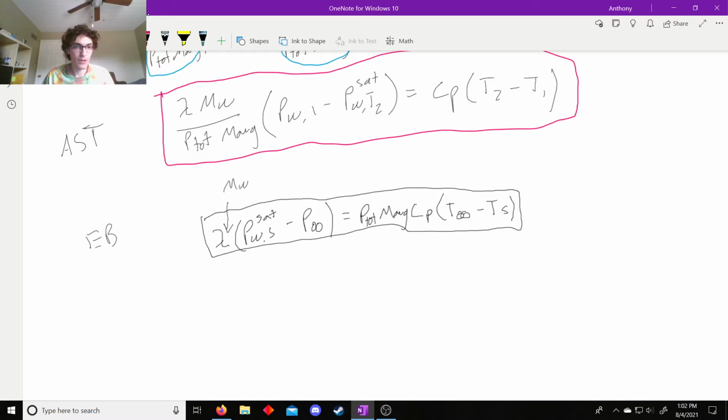So yeah, and what I'm going to do is divide by this total pressure and average molecular weight.